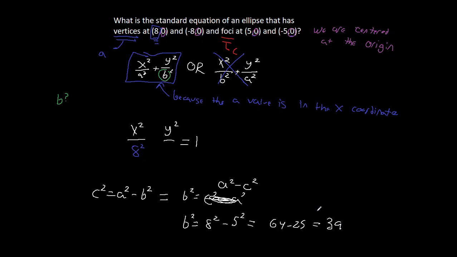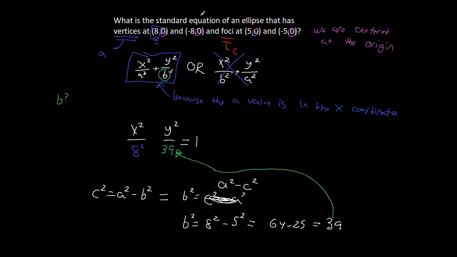Now the nice thing here is, because of the way this equation is written, what we want is b squared, so we don't actually have to take the square root of 39. We can just plug 39 right in there.